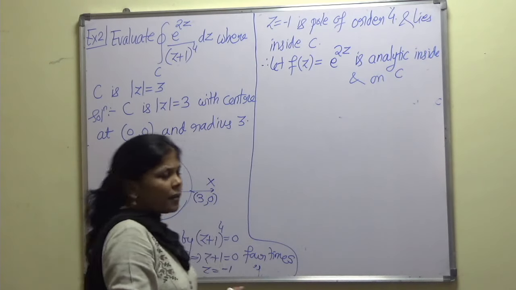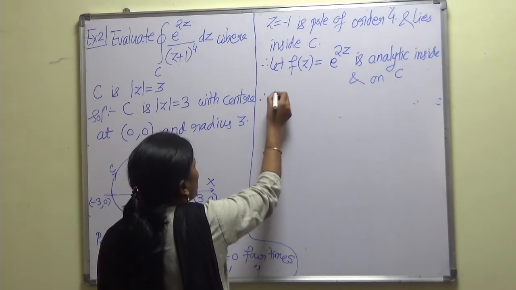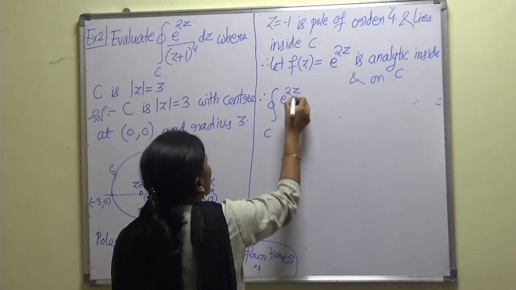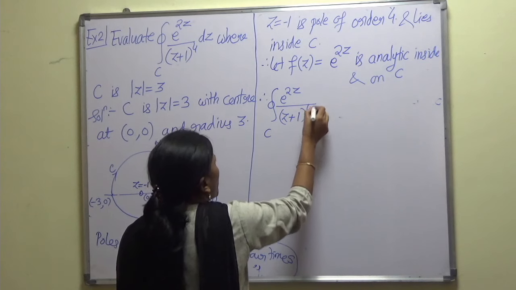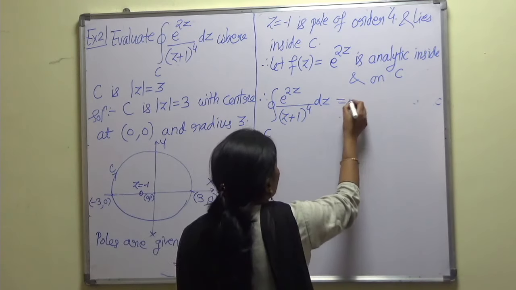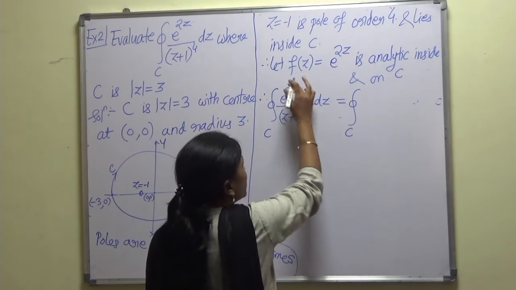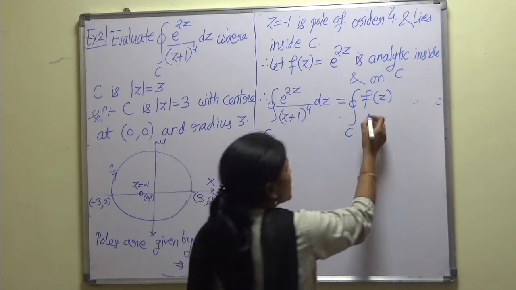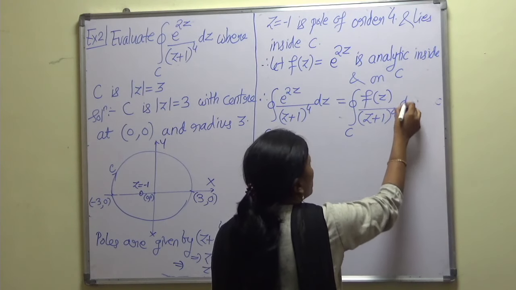So let us write the given integrand in terms of f of z. Integration over C of e raised to power 2z upon z plus 1 to the power 4 dz becomes integration over C of f of z upon z plus 1 to the power 4 dz.